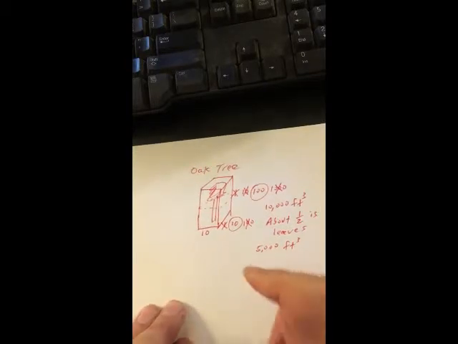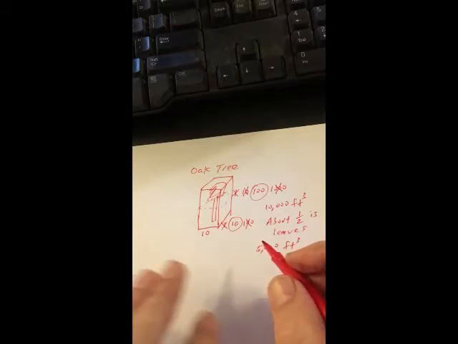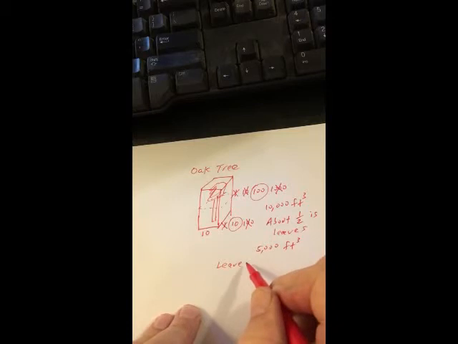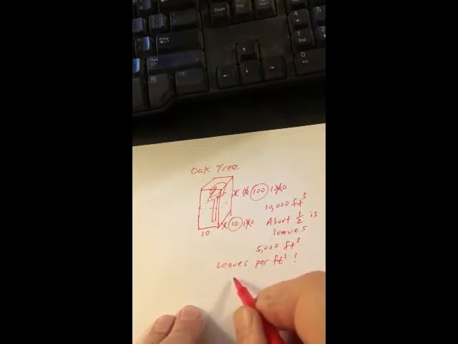Now, what we're going to do is to say, well, all right, how many leaves are there per cubic foot in the leafy part? And there again, we're going to do a power of 10 estimate.